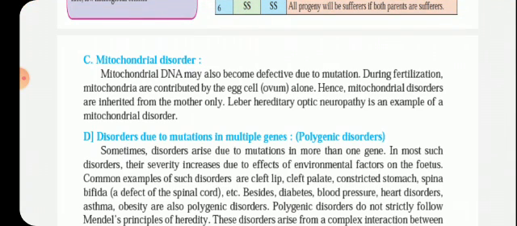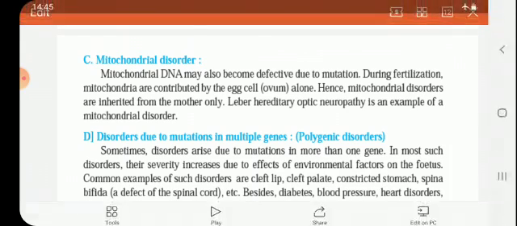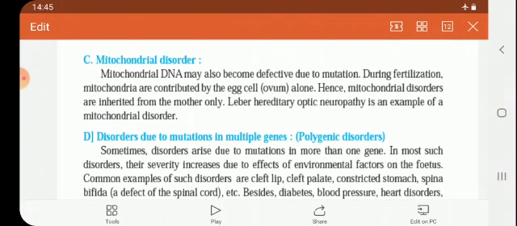Keep in mind, during conception the mitochondria are contributed by the egg cell, that is by the female. So this mitochondrial disease occurs only from the mother.